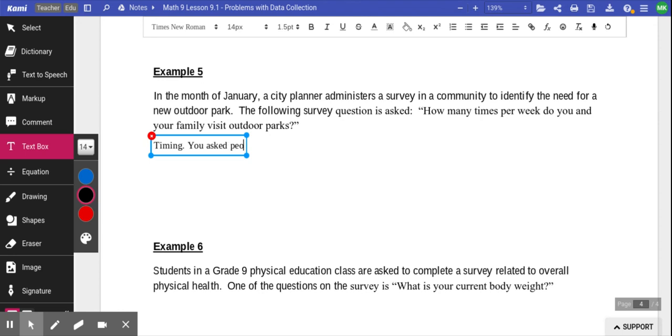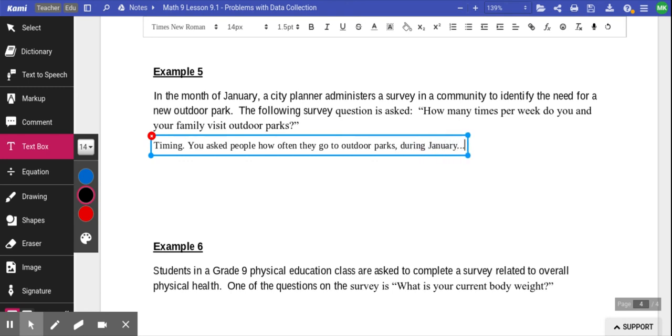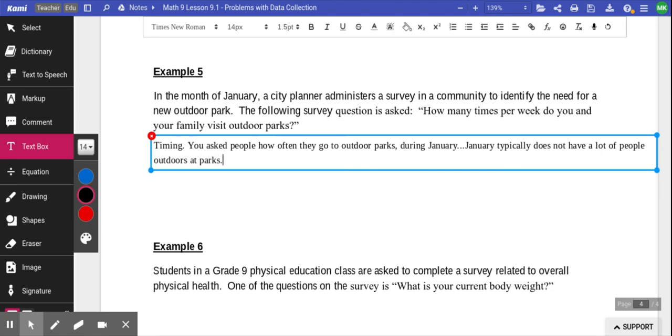You ask people how often they go to outdoor parks during January. January typically does not have a lot of people outdoors at parks. So you have asked how often you use a park during basically their dead season, right?